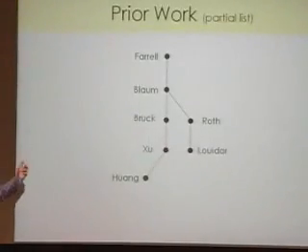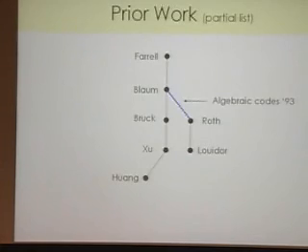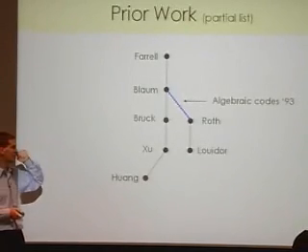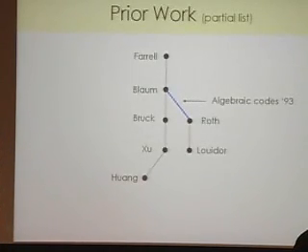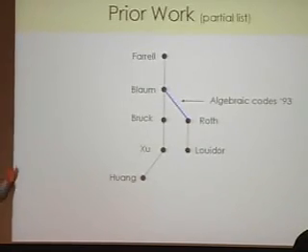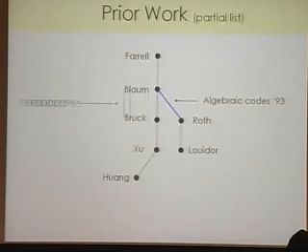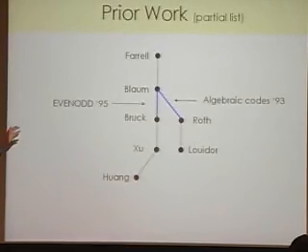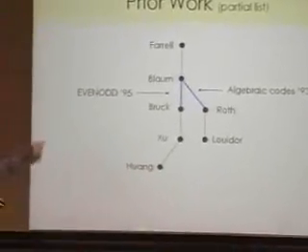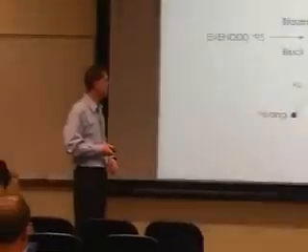Let's discuss particular works that are relevant. Blaum-Roth introduced algebraic array codes, basically code constructions that use algebraic methods to get good correction capabilities. Blaum-Brady-Bruck-Menon introduced EVENODD, which is used in practice. If you buy disk arrays from IBM or I don't know exactly where, they use those EVENODD codes.